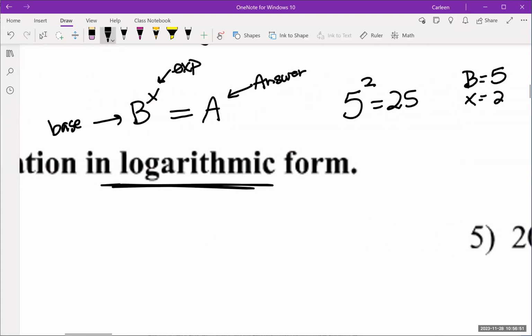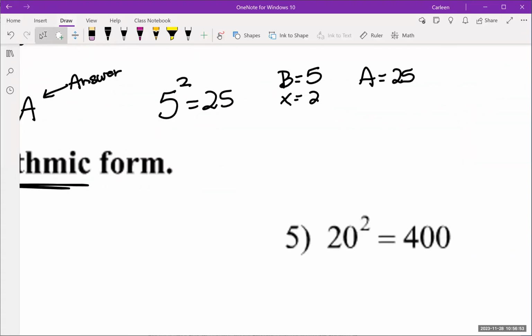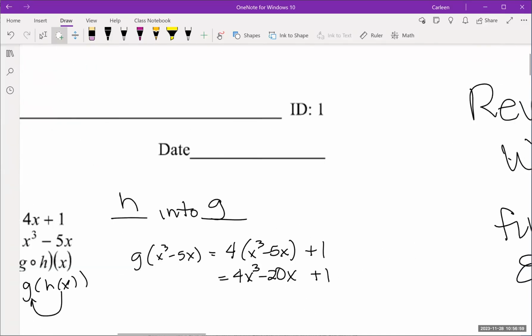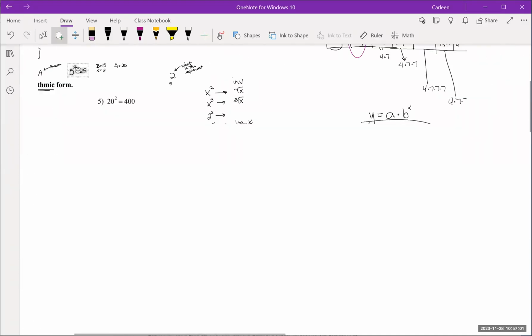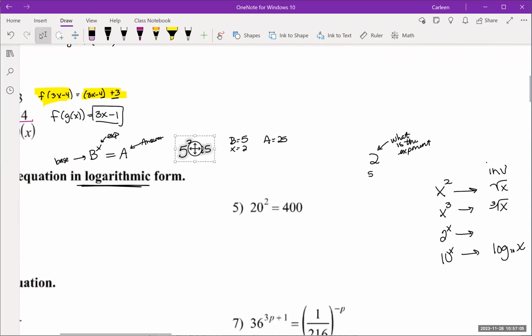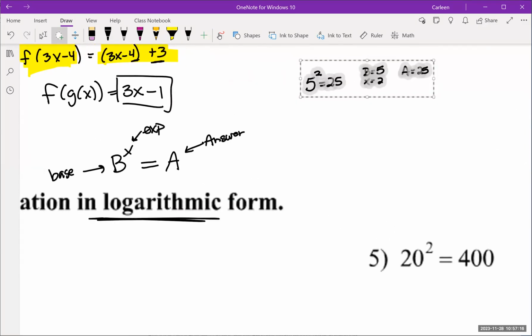Okay. So here we go. We're going to translate this into logarithmic form.